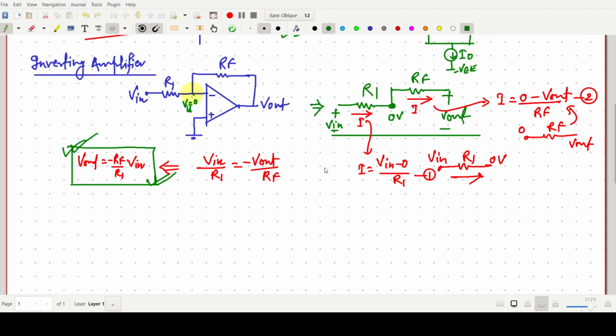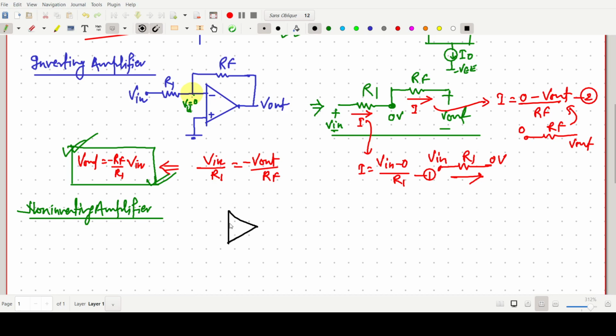Now next we have to go for the non-inverting amplifier. In the case of the non-inverting amplifier, how to make the circuit? First try to make the circuit.